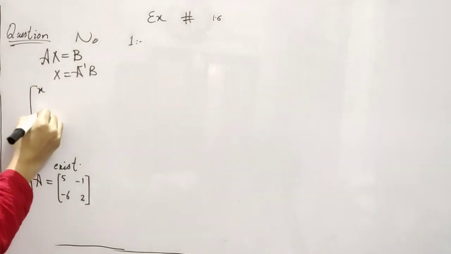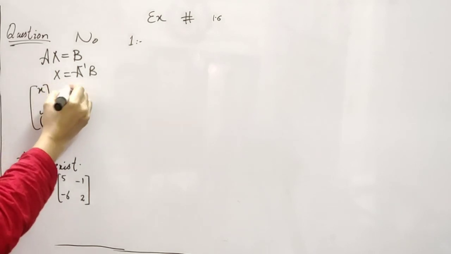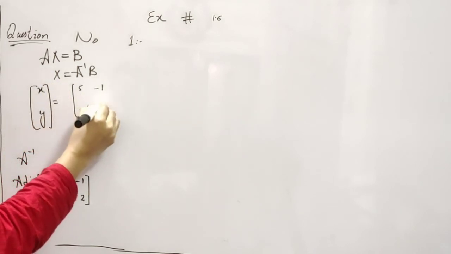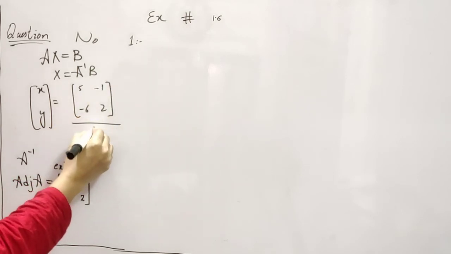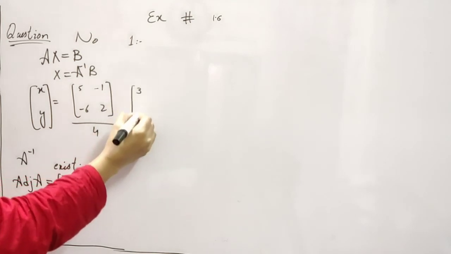X, which is [x; y], is equal to A inverse, which is adjoint of A over determinant of A, and B is equal to [3; 1].